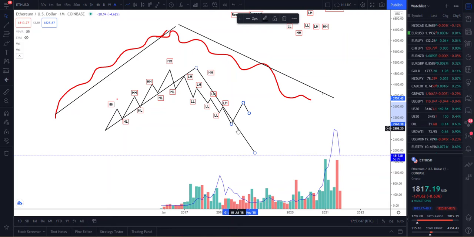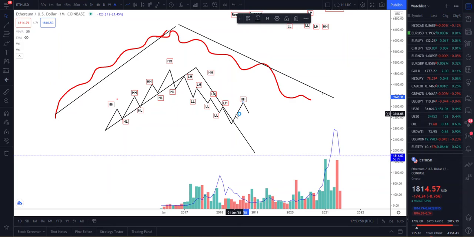Once it does that, this is a new high. So this is going to be a higher high. And then the price might come and do this. Then the trend switches again. Higher high.